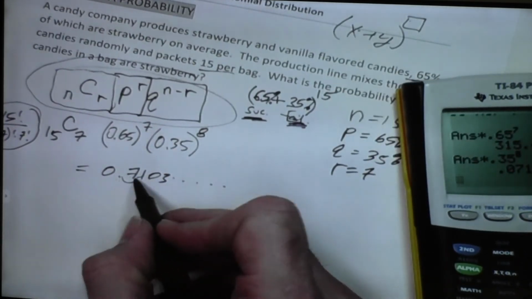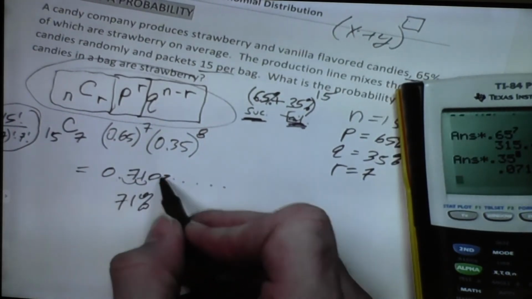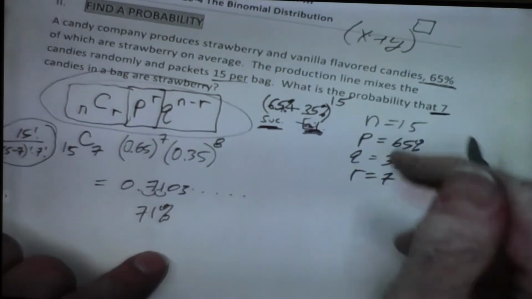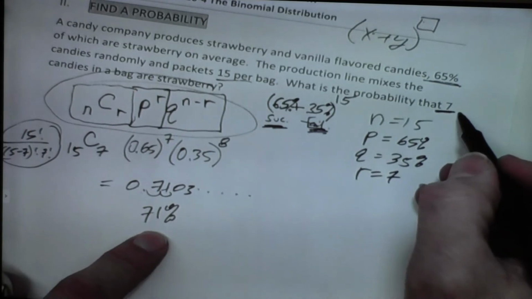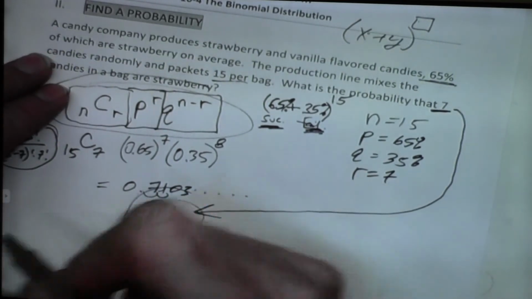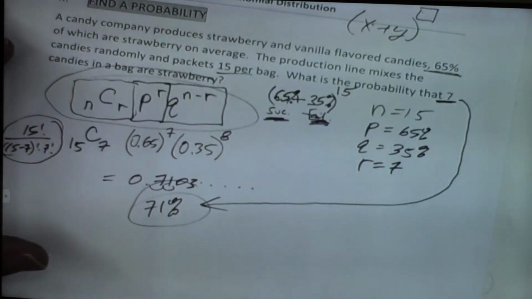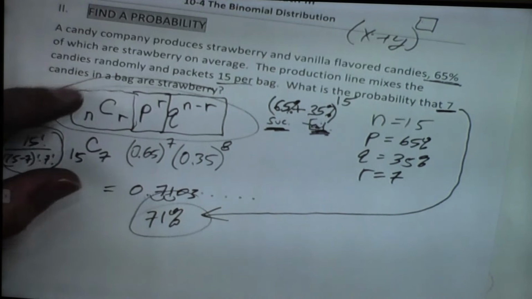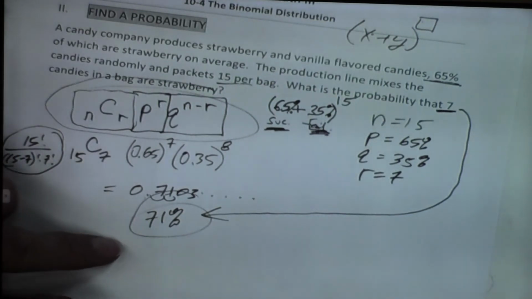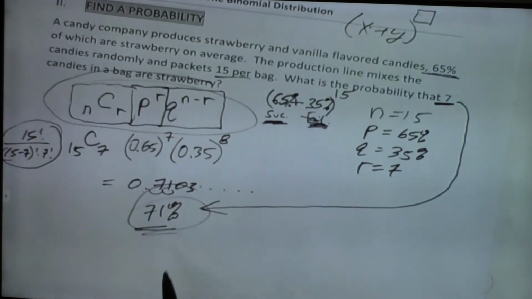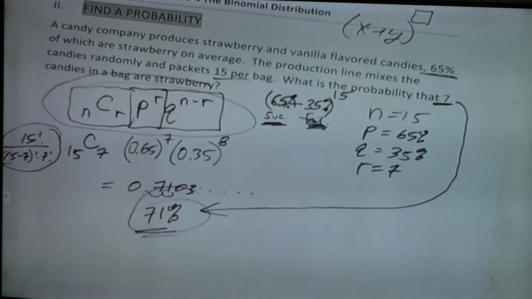Make that a percent, 71%, because the 0.03 is too low to affect anything. The probability that 7 candies in a bag are strawberry is 71%, which makes sense. There's supposed to be more of them as strawberry. So 7 of them out of the 15, that's a little bit more than half, so that sounds pretty good. Okay, that seems to make sense for it.